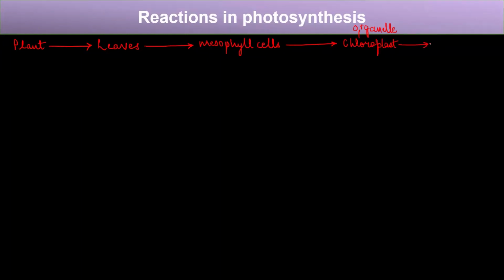A chloroplast is also a double membrane structure, right? We'll see the structure after this. So in the chloroplast, photosynthesis takes place in the stroma and thylakoids.